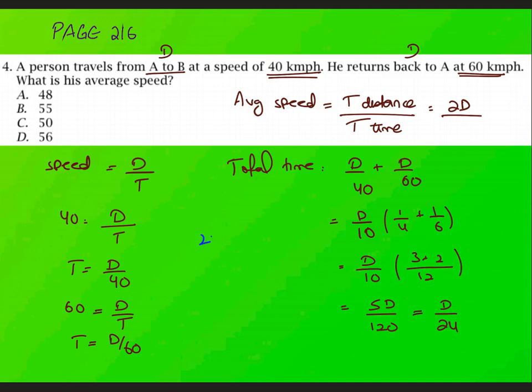That's basically 2d divided by d by 24. So division into multiplication is 24 by d. The d gets cancelled out, and what we're left with is 2 times 24, which is 48. So this is the average speed of the entire journey.